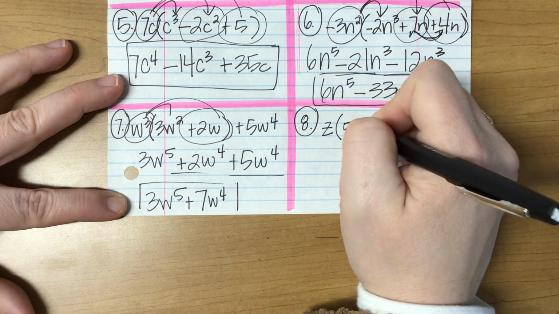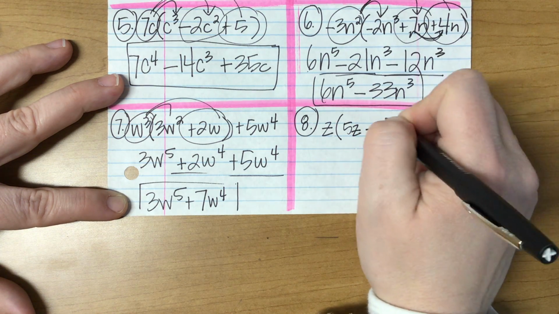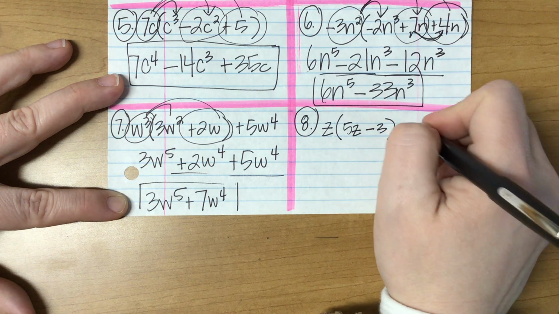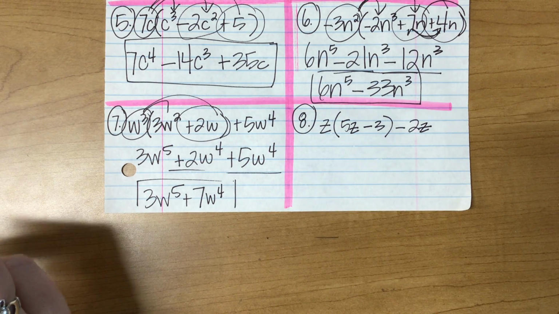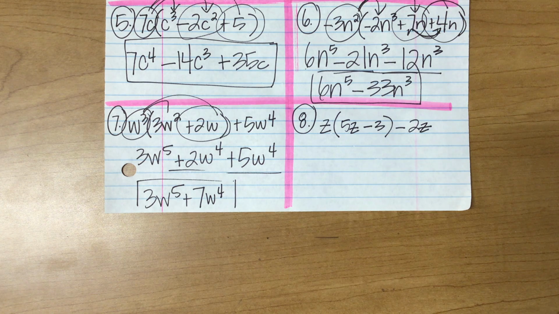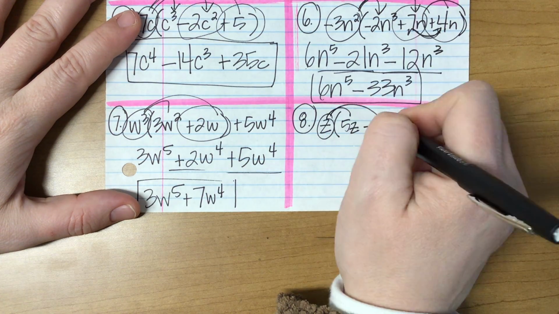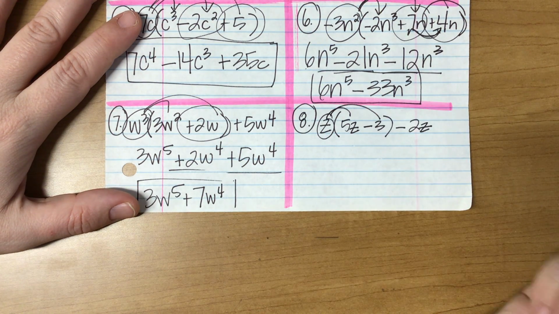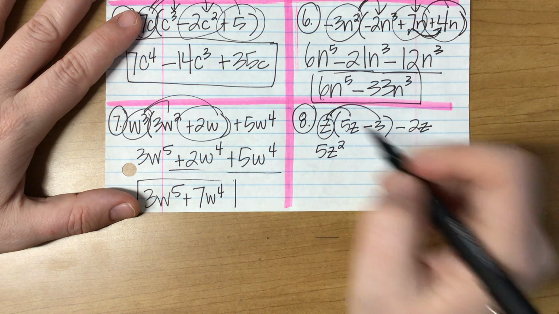Z times the quantity 5z minus 3, minus 2z. So again, it is order of operations. We just have exponents and variables in there. That's okay. It doesn't change the process. The process is still the same. You distribute first. Z times 5z is 5z squared.